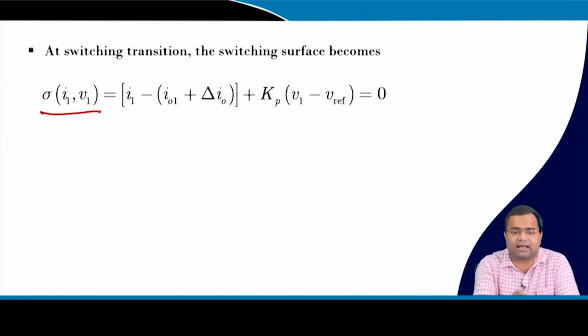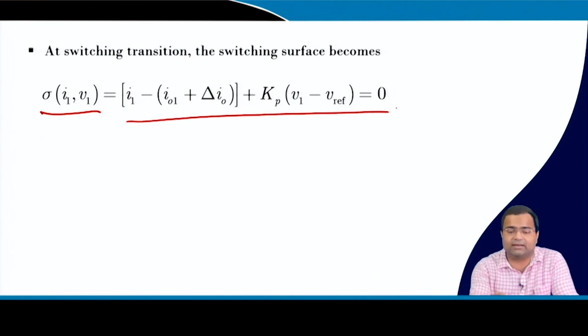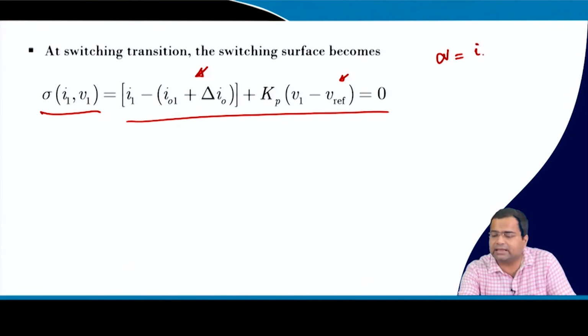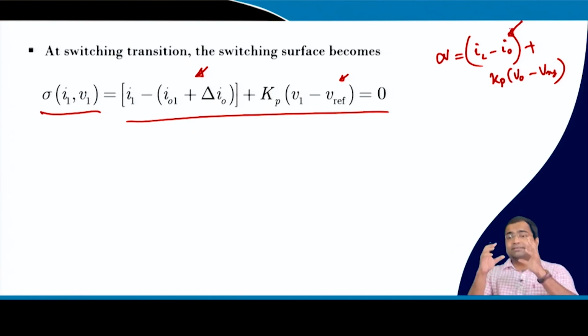Then sigma of I1, V1, if you substitute, again I told you I1 is the initial current and this is the new load current or the instantaneous load current, and this is my output voltage reference. Because what is our sigma? It was IL minus I0 plus Kp into V0 minus Vref. So, this I0 is nothing but our I01 plus delta I0. IL is the point where it intersects, it is I1. V0 is the point where it intersects, V1, and Vref.